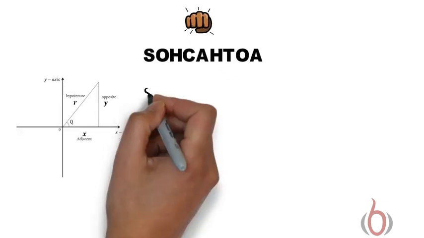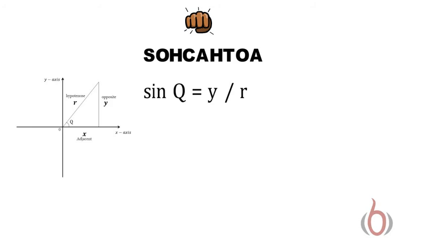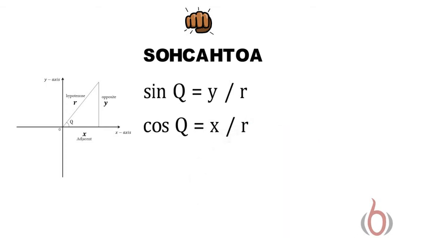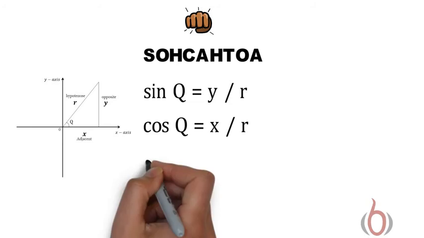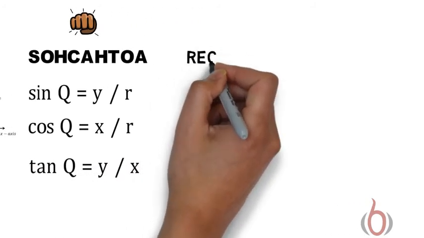S stands for sine, which is opposite over hypotenuse. C stands for cos, which is adjacent over hypotenuse. And T stands for tan, which is opposite over adjacent.